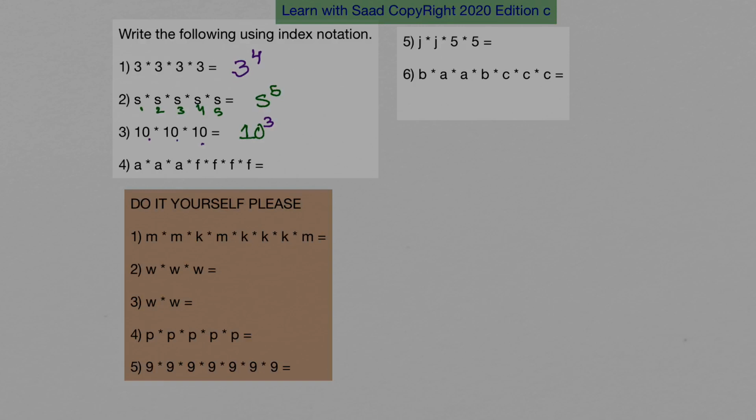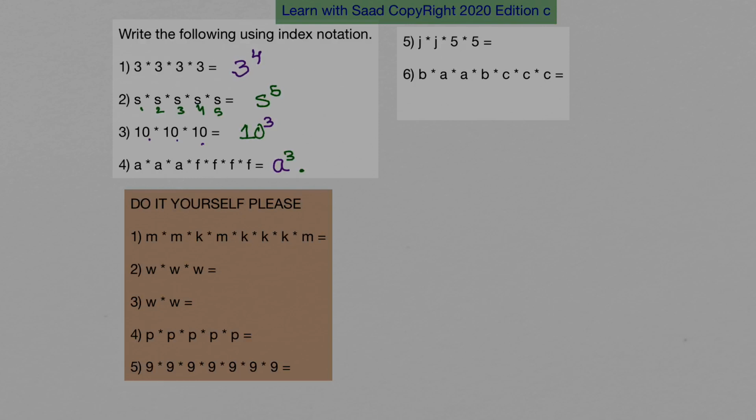Question number 4, same. Now we have 2 letters, A and F, so we will solve them separately because we can't mix them together. It's against the rules of maths. So we write A first, base first, and then we count how many times. We multiply A 3 times with itself, so A times A times A is A to the power 3.